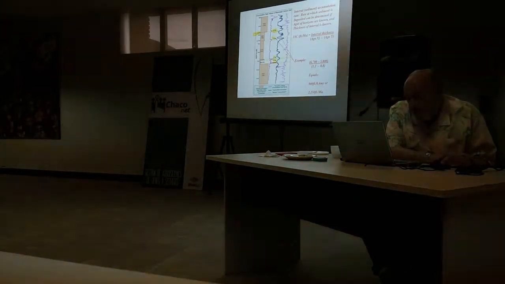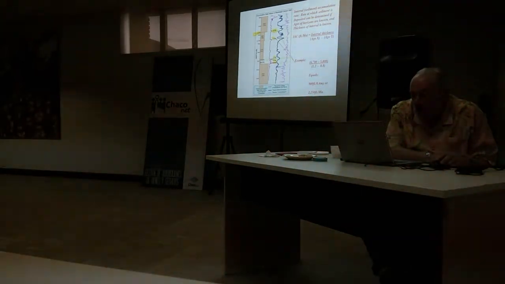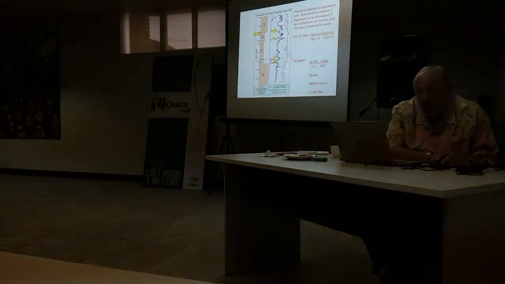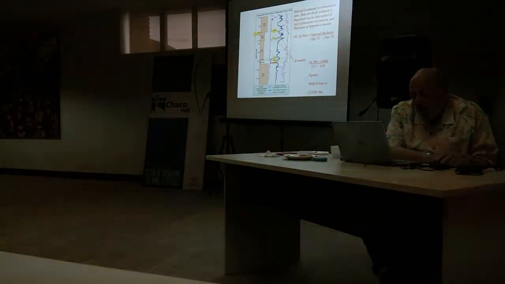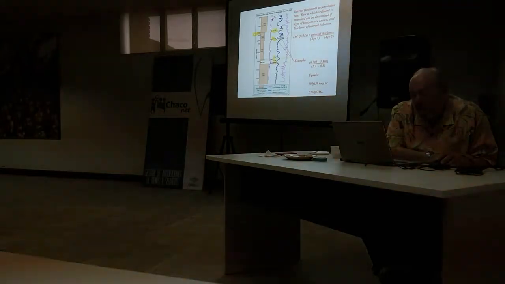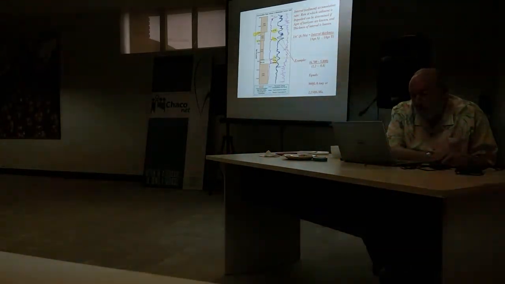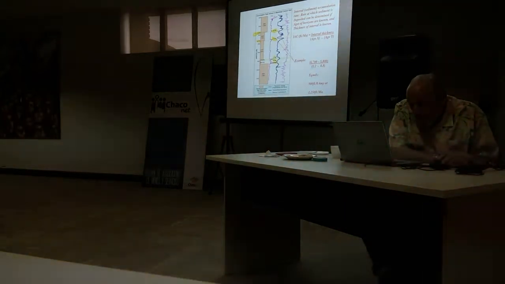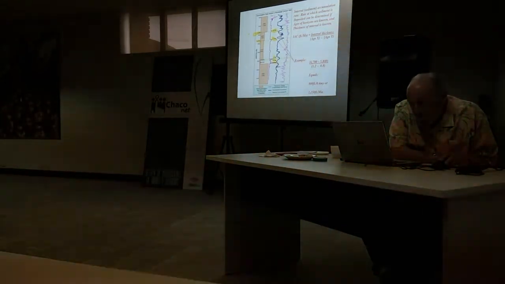So, if, for example, at 0.8 million years, you were at a depth of 5,800 feet in your well, and at 1.2 million years, you were at a depth of 6,700 feet in your well. So what is that? That's 900 feet.